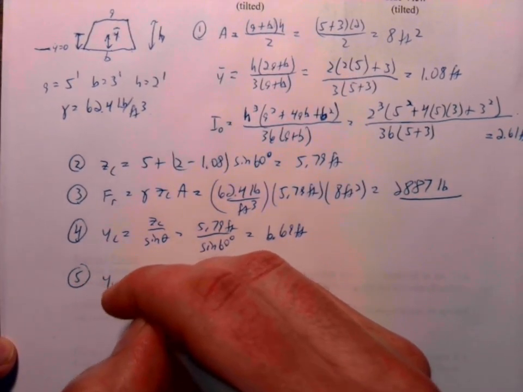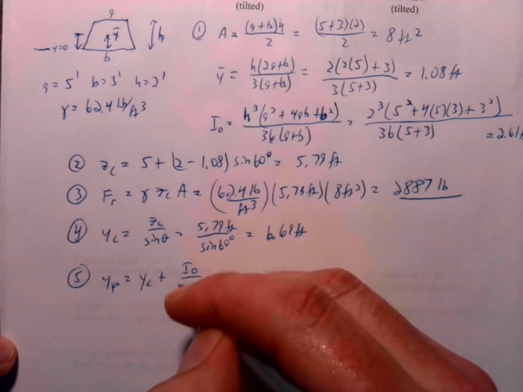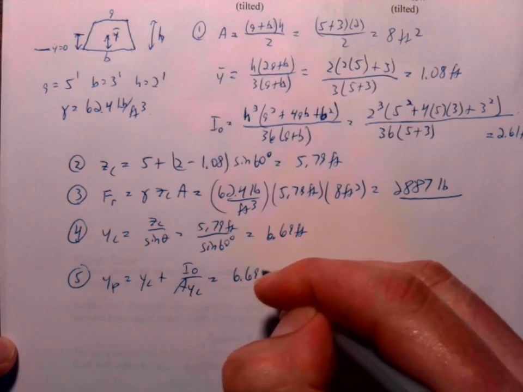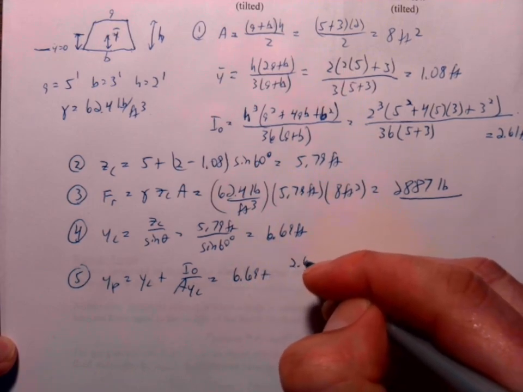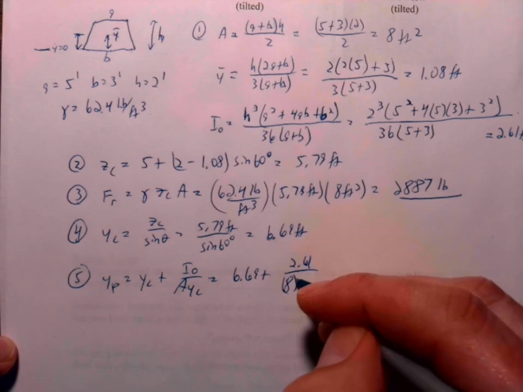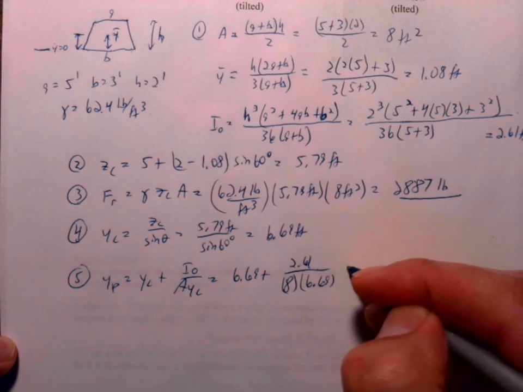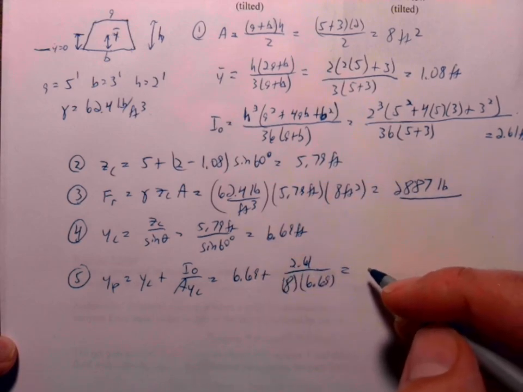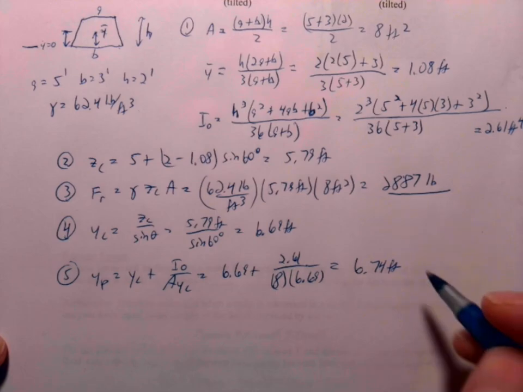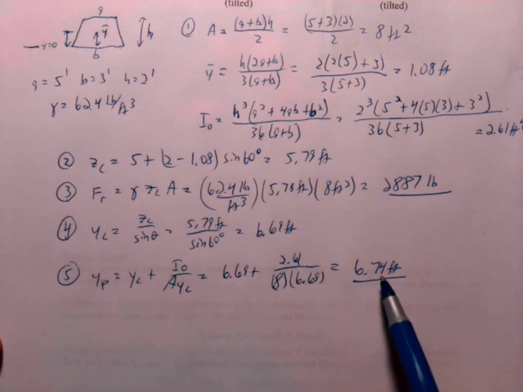Yp is equal to Yc plus I0 over A times Yc, so plug and chug: 6.69 plus 2.61 over 8 times 6.69, all in feet, and we get 6.74 feet. Okay, so this is not very much different from the location of the centroid, but it is always a little bit lower.